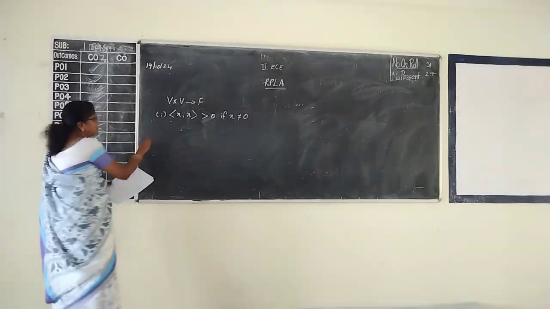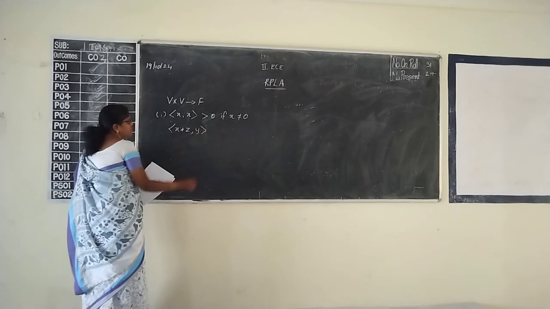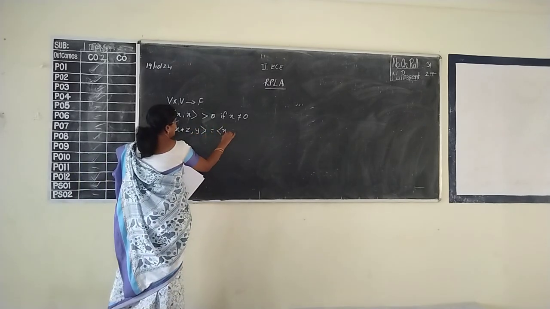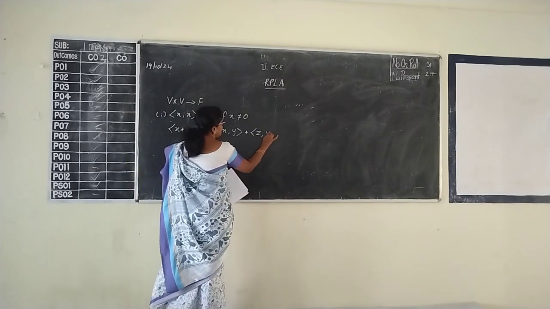Second one, inner product of x plus z comma y is equal to inner product of x comma y plus inner product of z comma y.